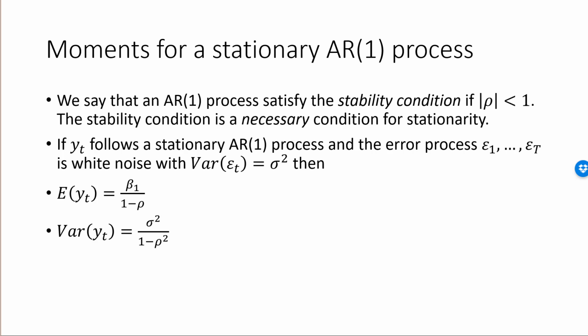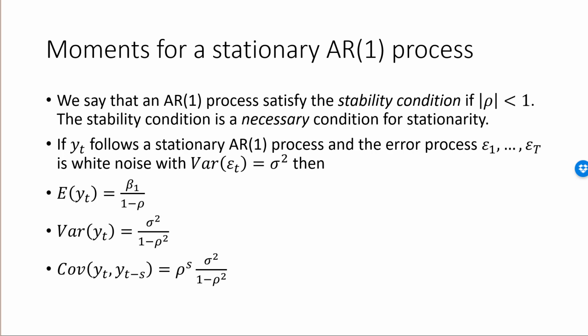Now, even if I won't do it in this lecture, it's not hard to show that the covariance between y_t and y_{t-s} is equal to rho to the s times the variance of y_t. As you can see, the expression on the right-hand side depends on s but not on t, and that's exactly what we need for stationarity.